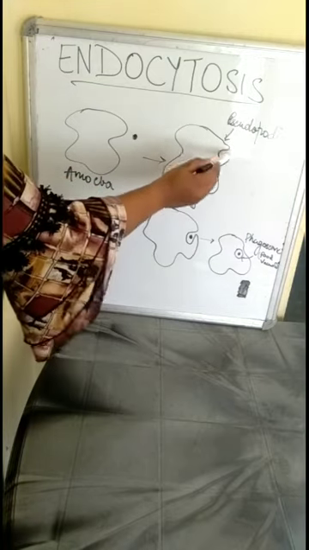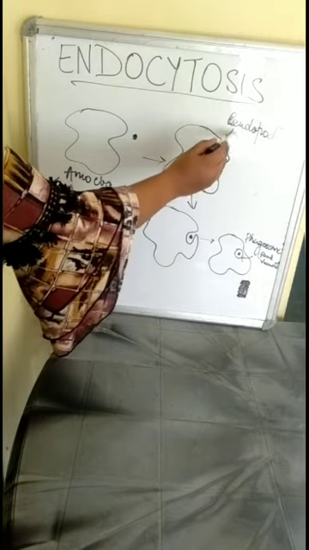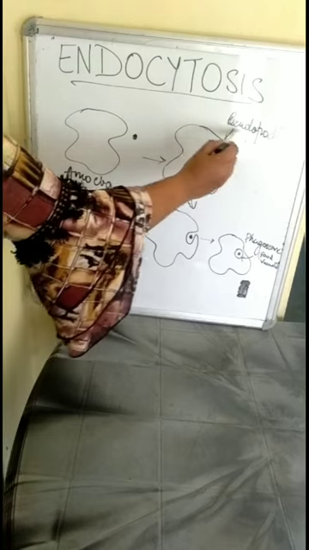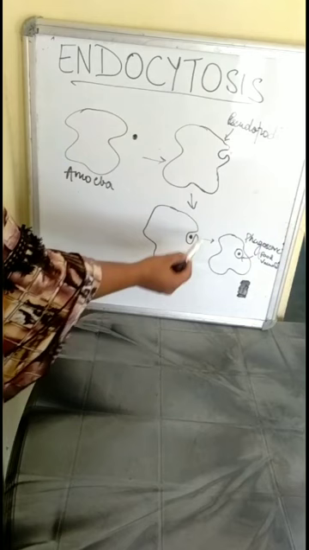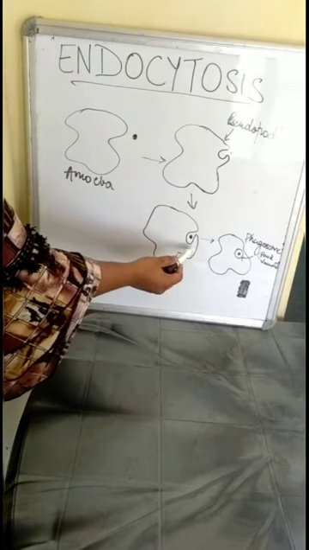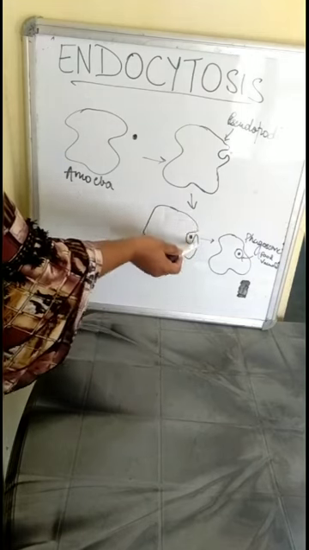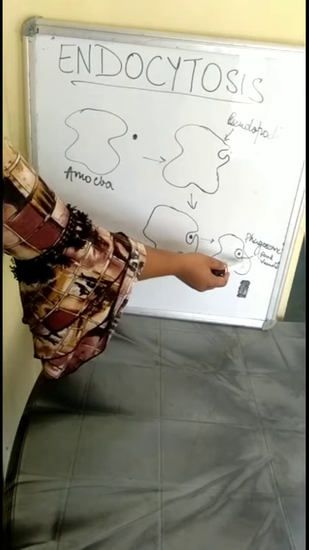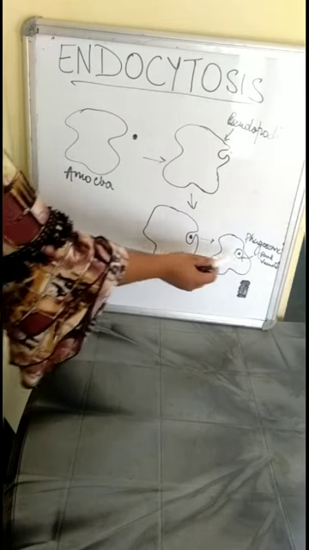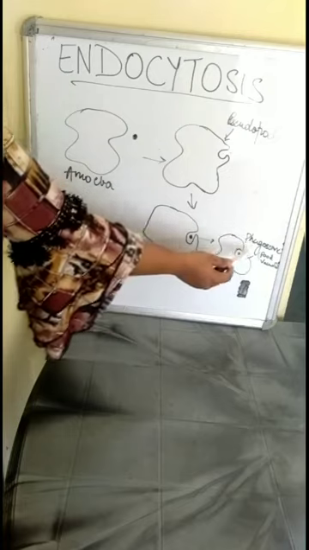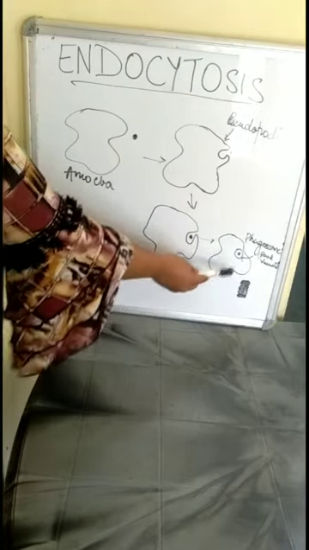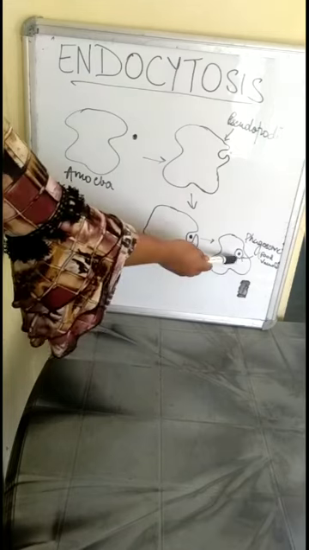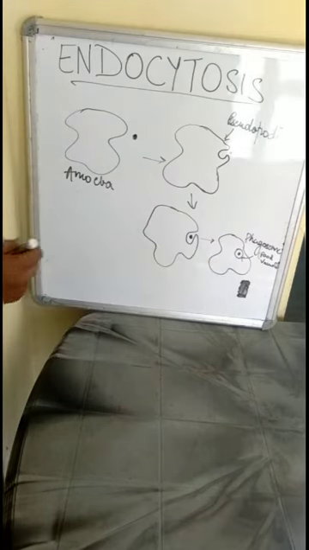In this, the cell membrane forms a false mouth known as pseudopodia, and this pseudopodia helps to engulf the food, and around this again the membrane is formed and this food is processed in the phagosome, that is the food vacuole, and the food gets digested here in this food vacuole or vesicle.